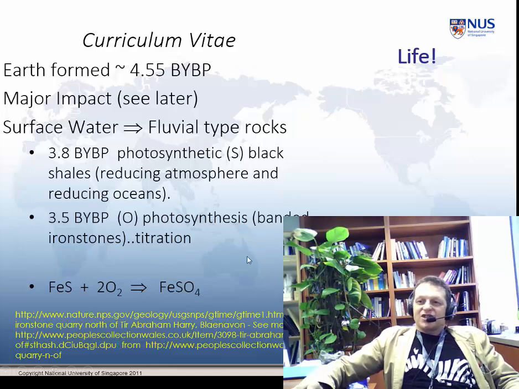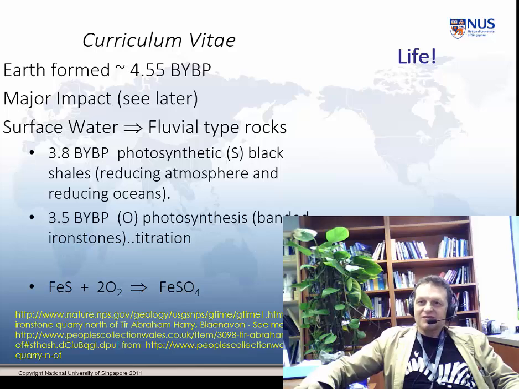If you think about the situation where this oxygen photosynthesis or these organisms came into being, we've already said very reducing, lots of iron, hydrogen sulfide, reducing oceans, reducing atmospheres.